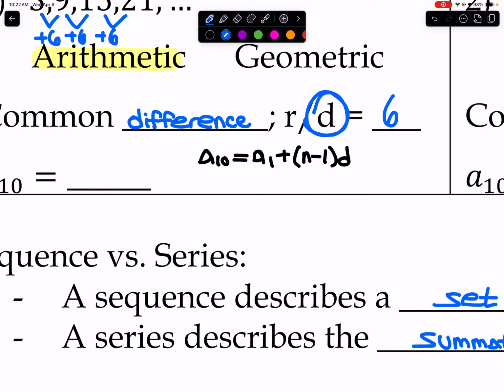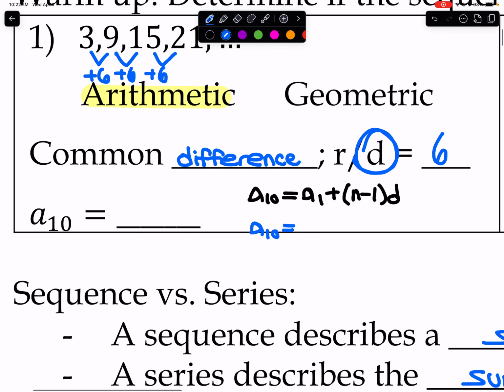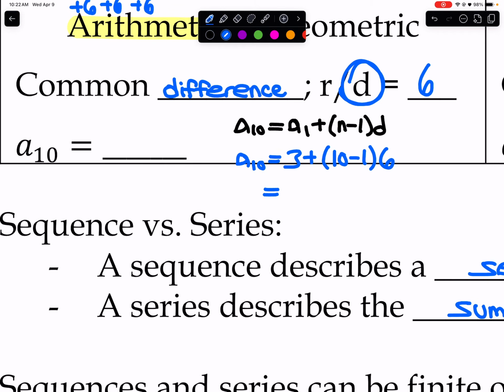When I plug in, the first term of my sequence is 3, plus 10 minus 1, times my common difference. So this is 3 plus 9 times 6, which gives me, was that 57? Yes, sorry, I had to make sure.